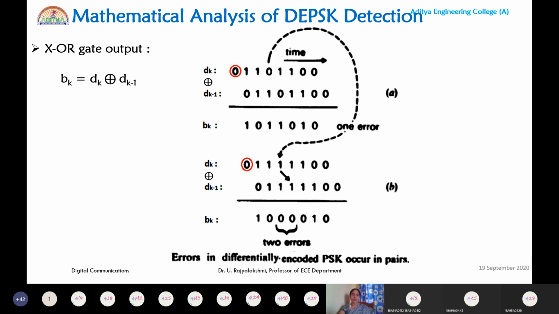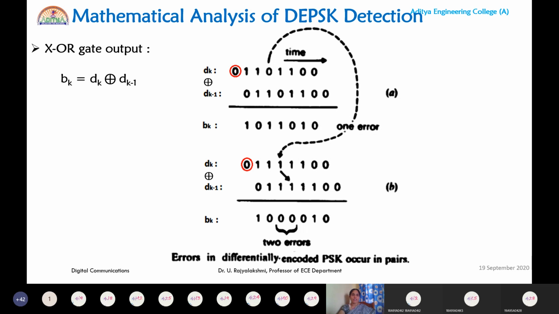Next 0, 1, different, so output is 1. Next 1, 0, output is 1. Next 1, 1, output is 0. For same data, output is 0. Next 0, 1, the output is 1. Next 0, 0, the output is 0. Like that, you can get the binary sequence from the XOR gate, or from the differential decoder.